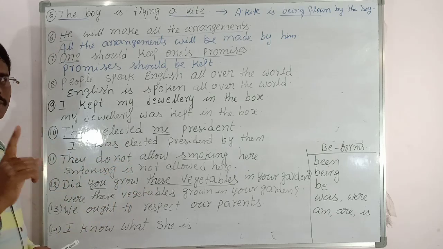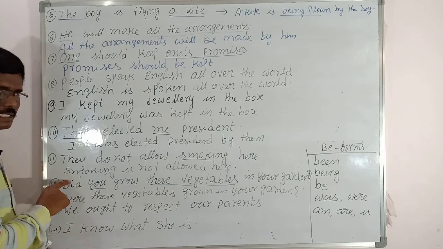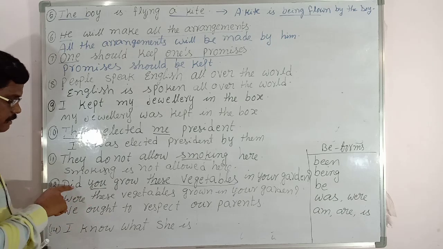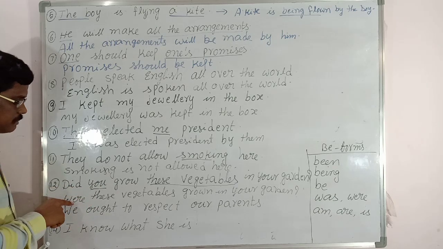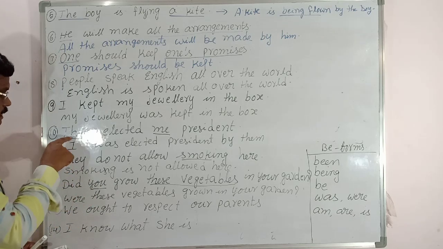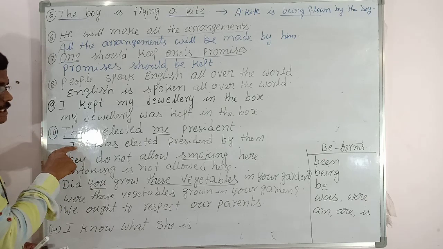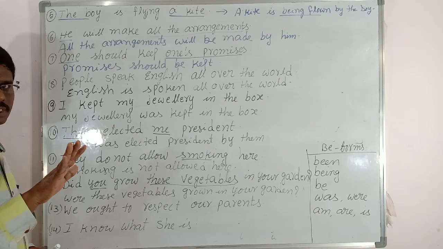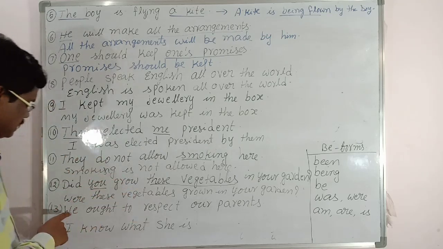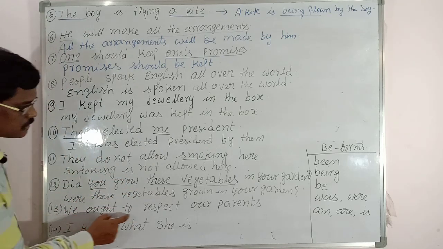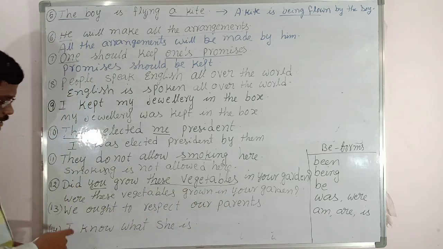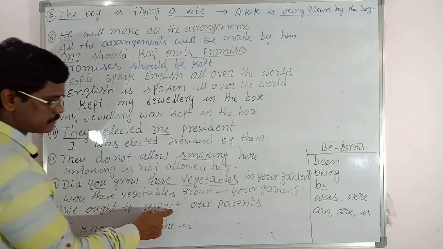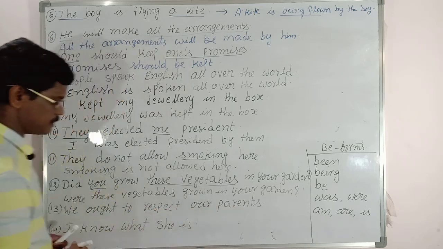Because I already told you first, the sentence type does not change. This is a question, here also a question. It begins with a helping verb, it also begins with a helping verb. Here it begins with a subject, here also it begins with a subject. Question no change, tense no change, meaning also no change. Now let us see. We ought to respect our parents. We is the subject, ought to is a model, respect is verb 1, our parents is the object.